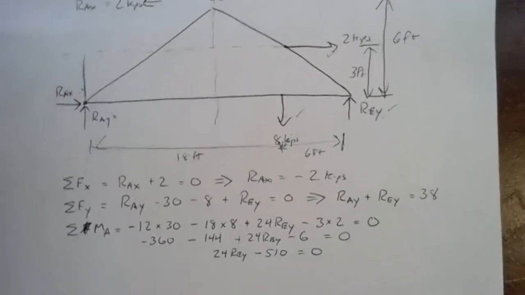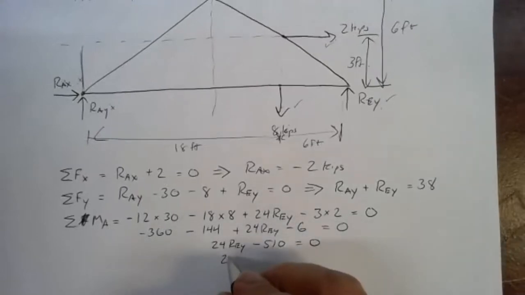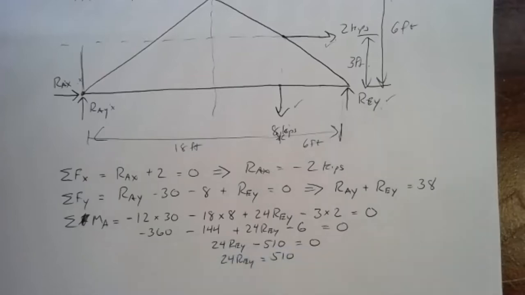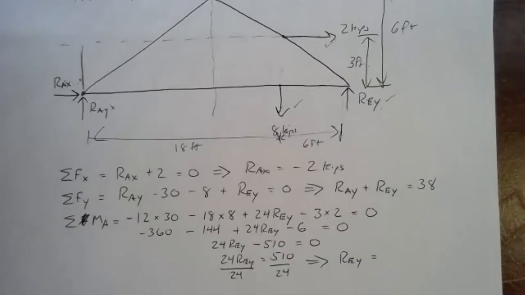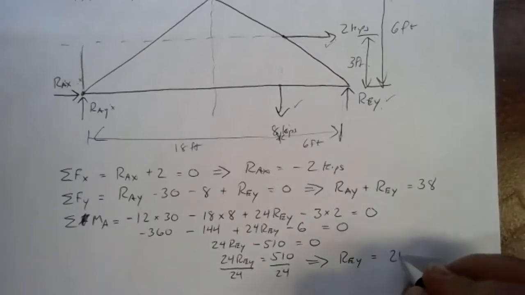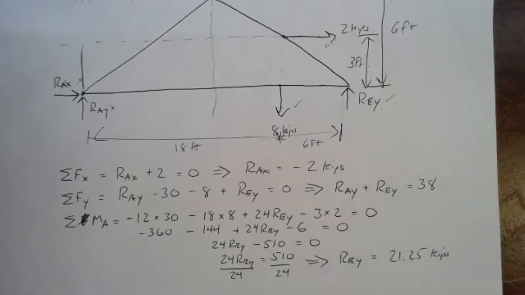Adding 510 to both sides, we'll have 24 REY is 510. Divide both sides by 24. And REY comes out to be 21.25 kips.